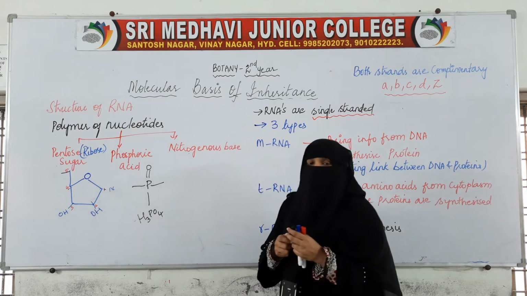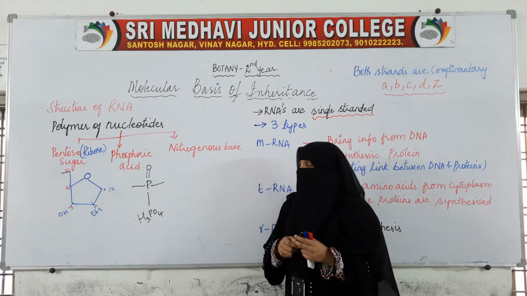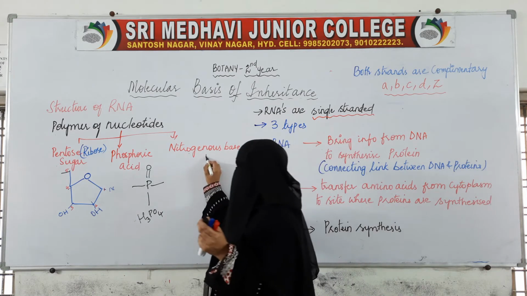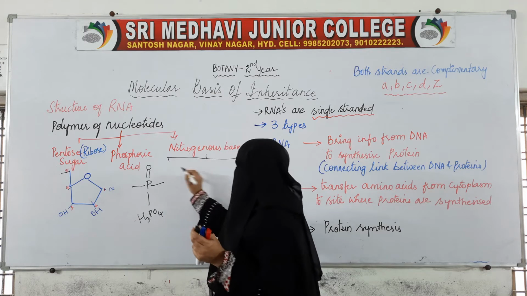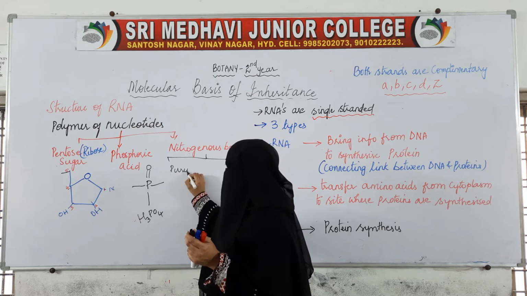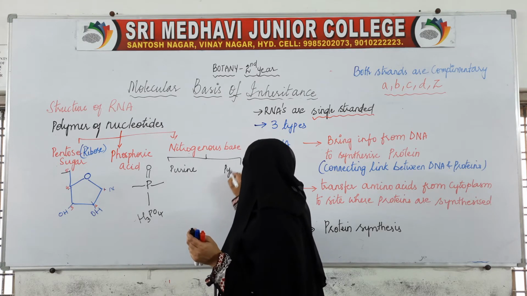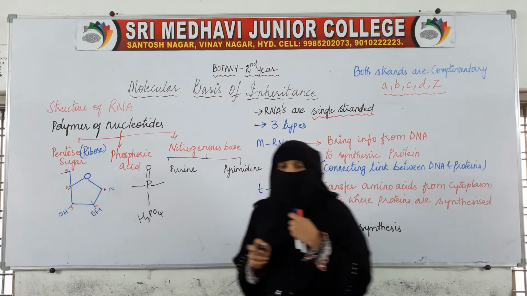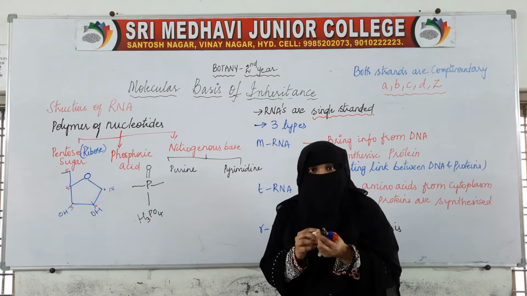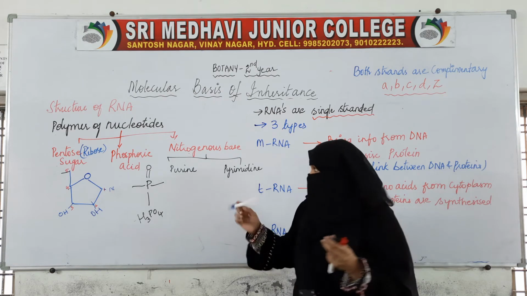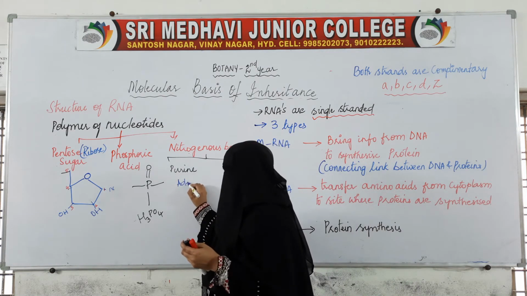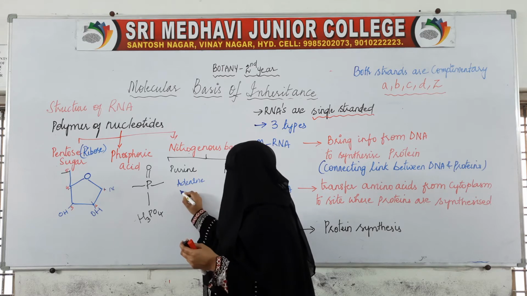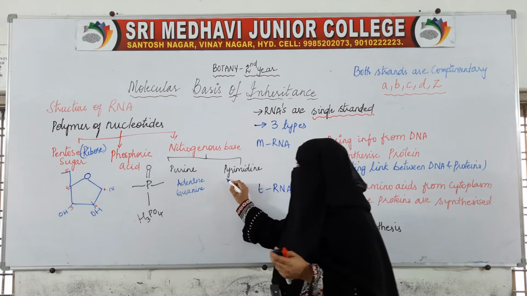Now, nitrogenous bases. We already said nitrogenous bases are of two types: first is purine and second is pyrimidine. Adenine and guanine are the purines.